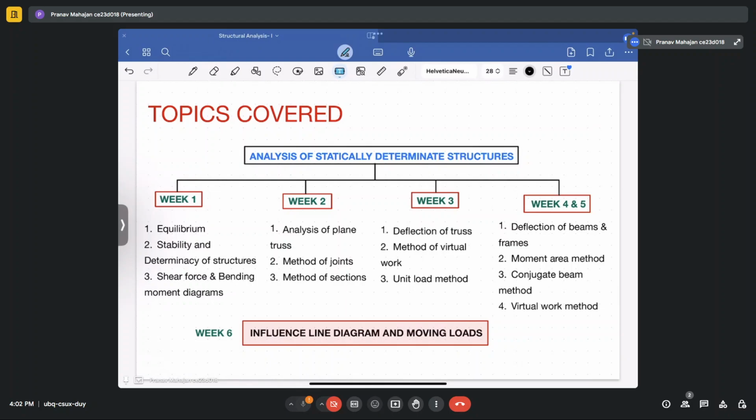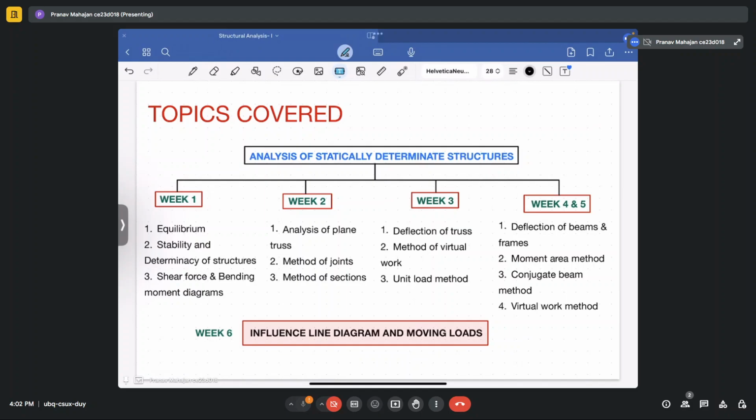Then we saw how we can determine the shear force as well as the bending moment diagram throughout the length of the beam or the frame, and then we tried to establish the criteria for stability and the determinacy of the structures.